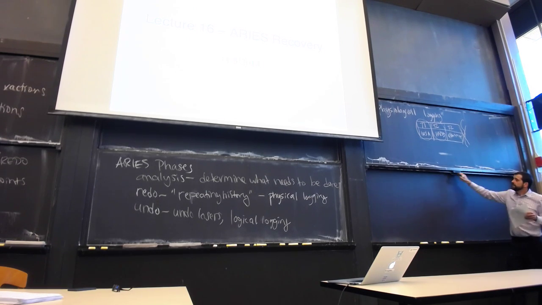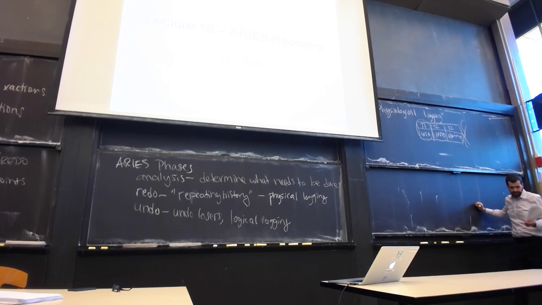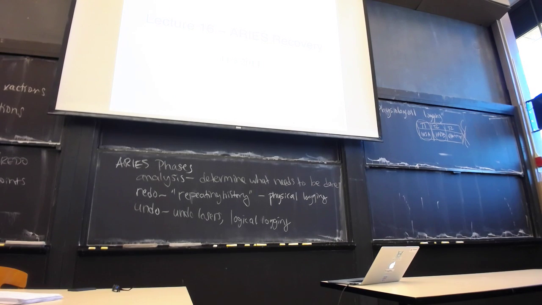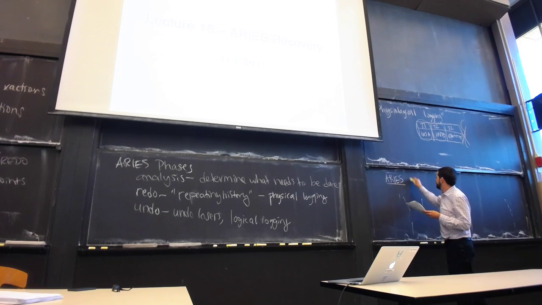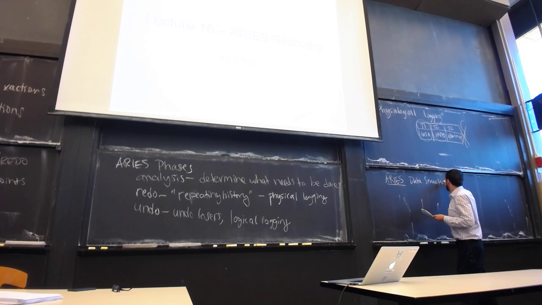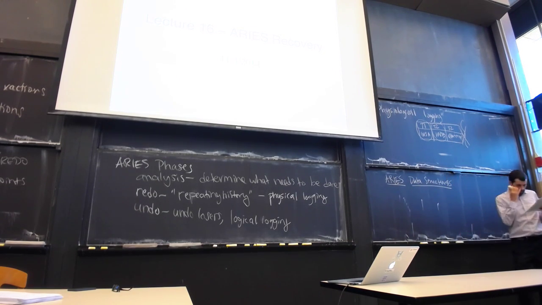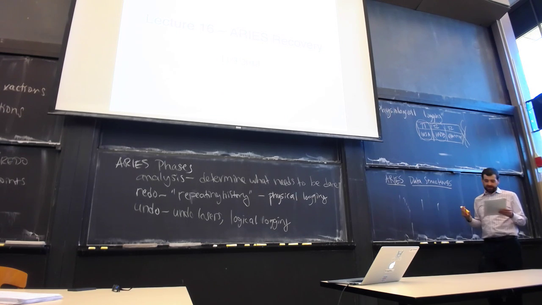Okay, so let's talk in a little bit more detail about what Aries actually maintains as it runs. Okay, so Aries maintains, for every log record that Aries writes, the log records contain some information in them.